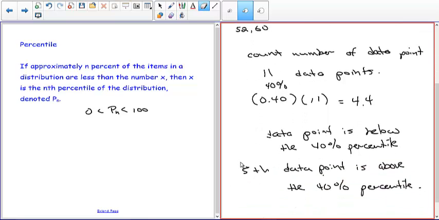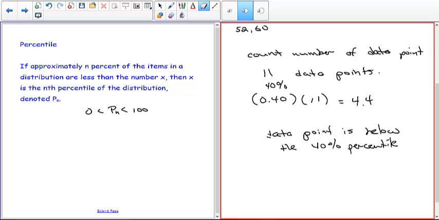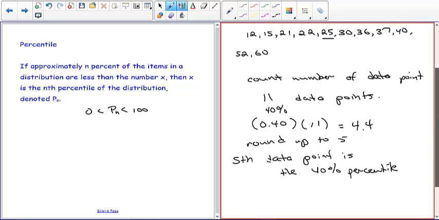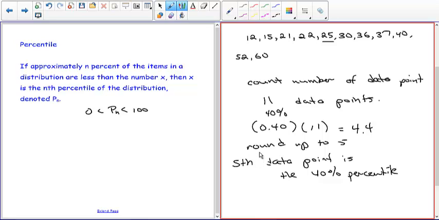Let's erase that, so we get all that correct. So we'll say round up here. Round up to 5. So therefore the fifth data point is the 40th percentile. So we go back now with knowing which data point is the 40th percentile, and we count 1, 2, 3, 4, 5.